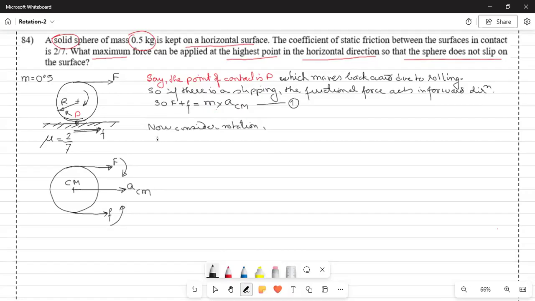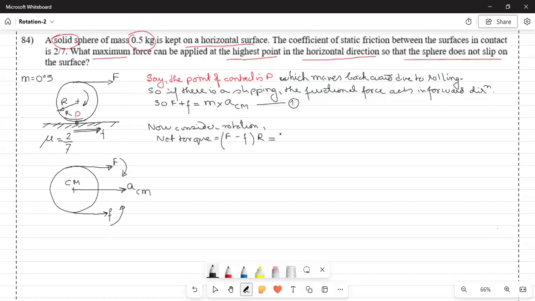So the net torque is equal to capital F minus small f multiplied by the radius arm.